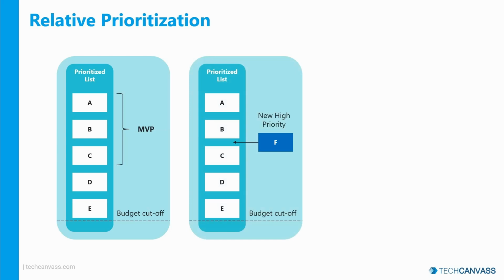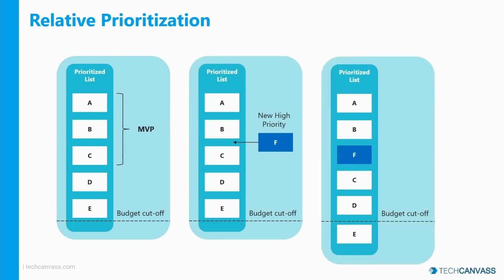Consider that a new high priority feature was identified in the middle of a release, and then you have identified that the priority is somewhere between feature B and feature C. What you do is that you reorganize your prioritized list and arrange the feature F between B and C. Now you can see that you have accommodated additional work into your release. And somewhere you need to trade off because you will be running on budget and cost limits. You can clearly see that the lowest priority item, feature E, have been pushed beneath the budget cutoff.